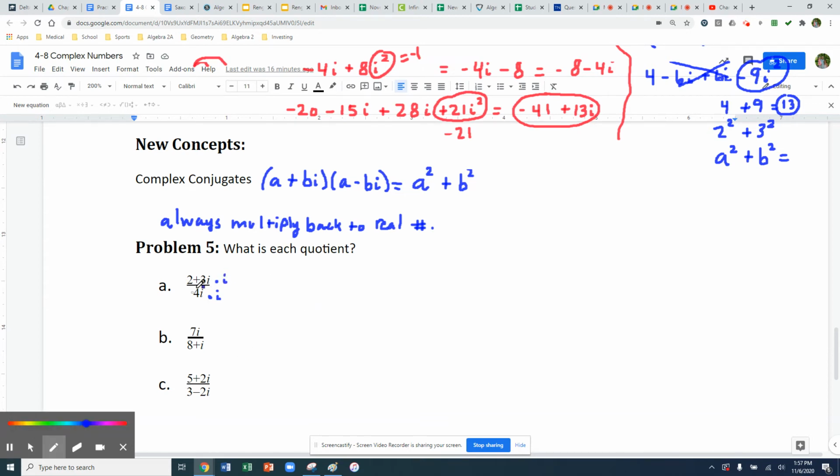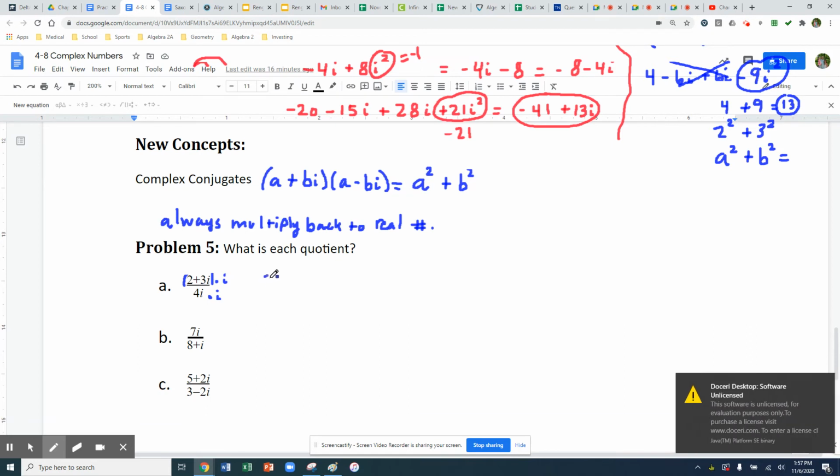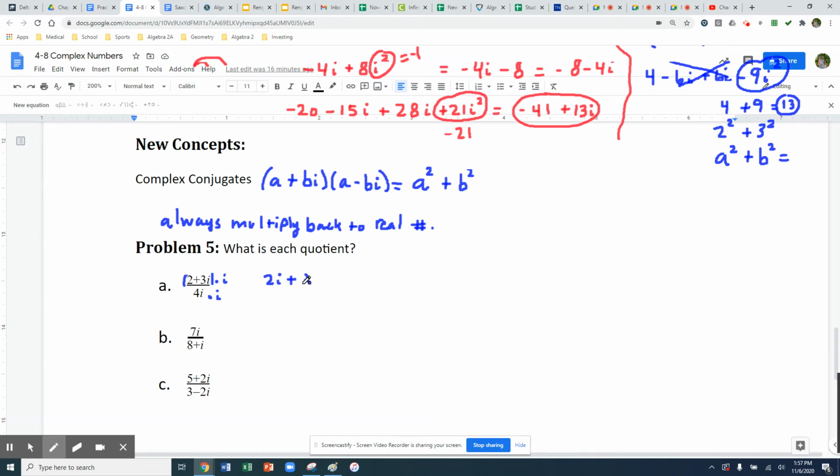We have to balance our fraction, so multiply both numbers by i. So up in the numerator, I'll have a little distributive property. We'll have 2i plus 3i squared. And in our denominator, we'll now have a 4i squared.